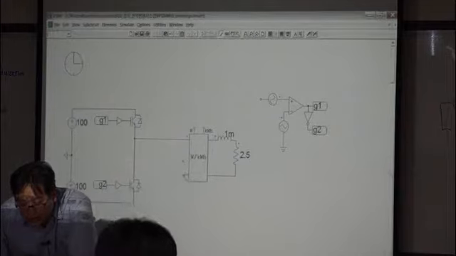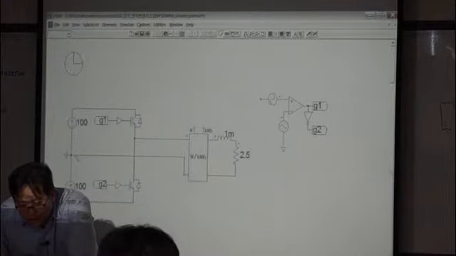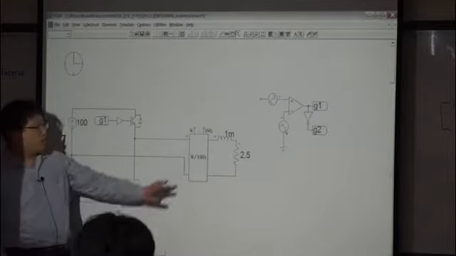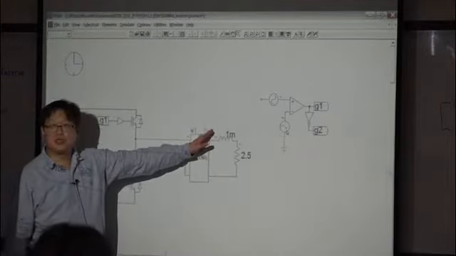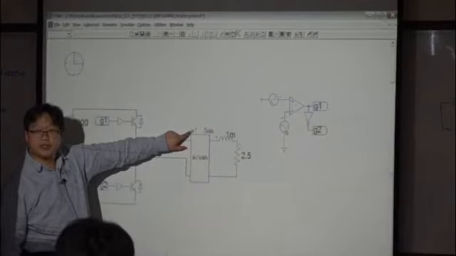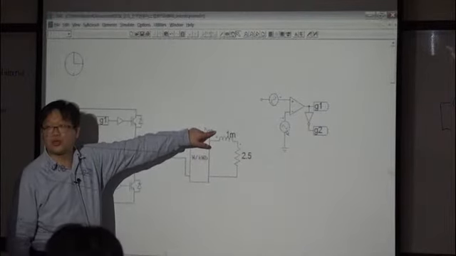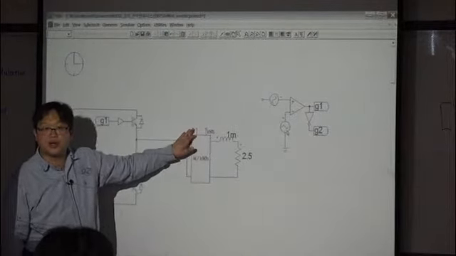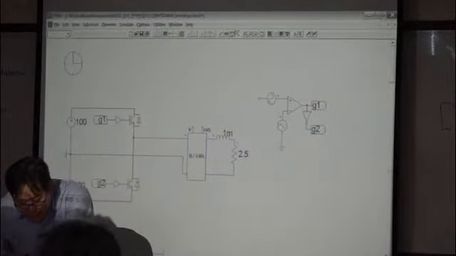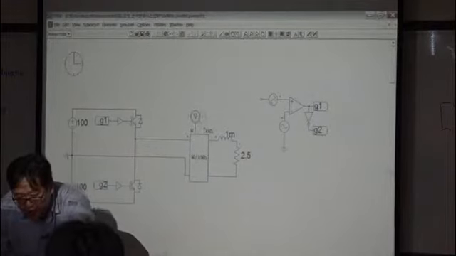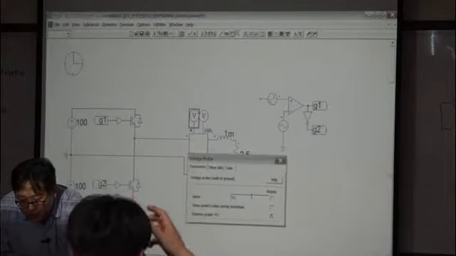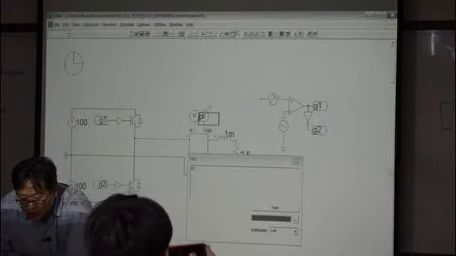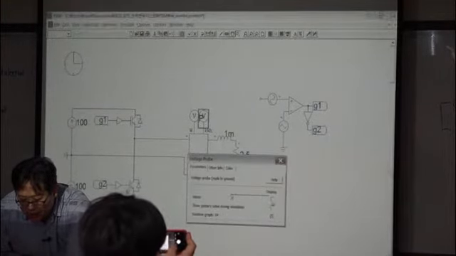Okay. Then the wattmeter has two terminals. The first one is just watt. The second one is watt hour, that is energy, and that is the power. And we can see the power here and energy here. Then P and E.